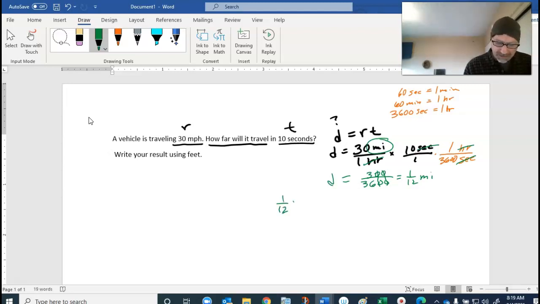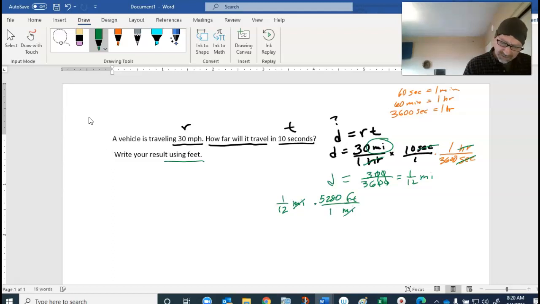1/12 of a mile, and they asked us to write the answer using feet. So this is the correct answer. It will be 1/12 of a mile. And you're going to multiply that by some unit ratio that will eliminate miles and get you feet, which we know that conversion, 1 mile is 5,280 feet.